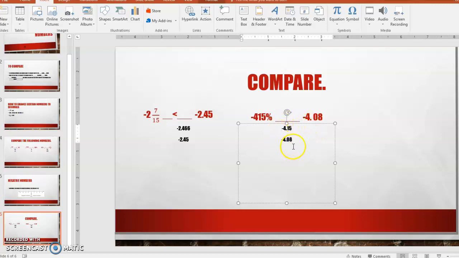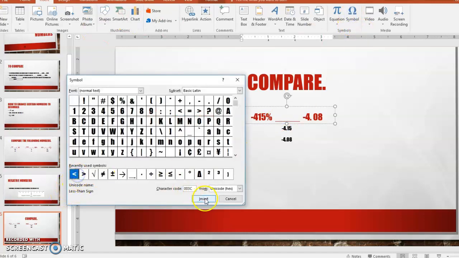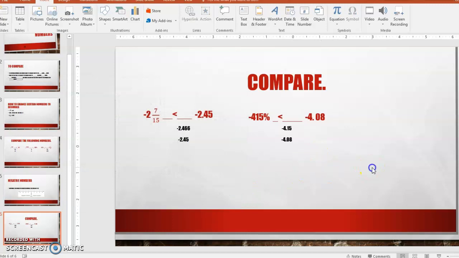Which number is bigger? Which one is closer to 0? This one is closer to 0, -4.08. This is the bigger looking one, but we know with negatives, the bigger looking one is less. So again, this one is going to end up with a less than sign. And there we have it.